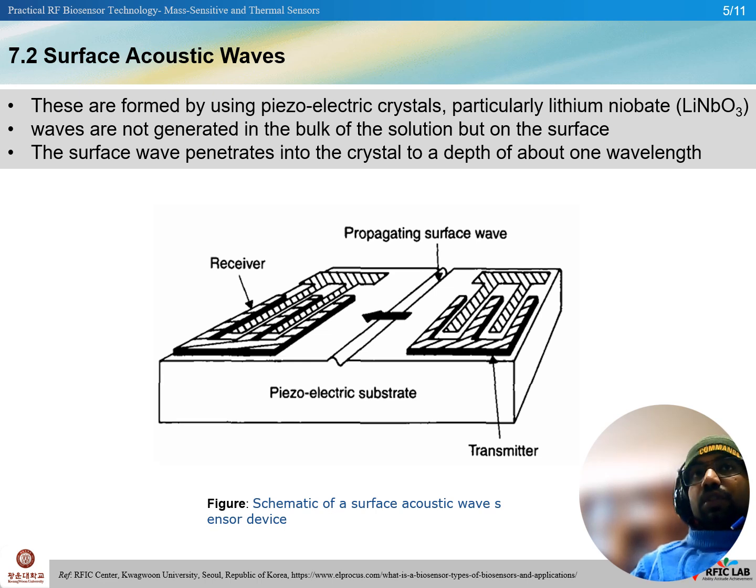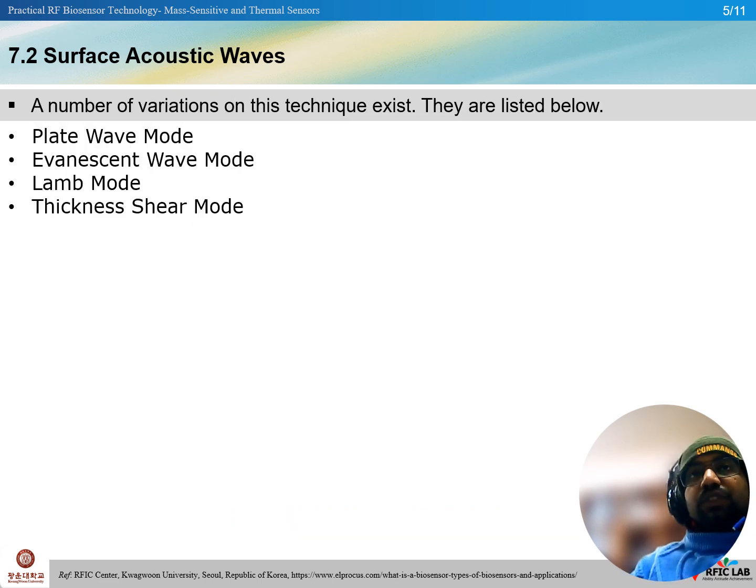So the surface acoustic wave occurs on the surface. There are a number of variations of the surface acoustic wave technique, and some of them are listed below. As we can see, the plate wave mode, evanescent wave mode, lamb mode, and thickness shear mode.